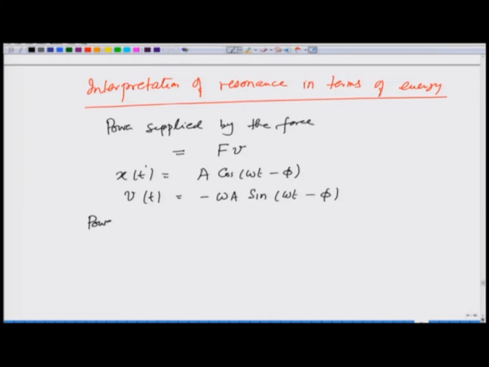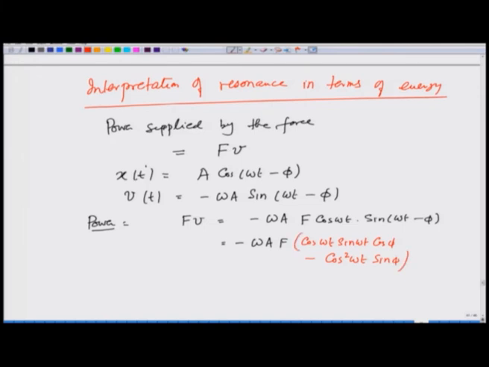So, the power is going to be equal to F V, which is equal to minus omega A times F, which is f cosine of omega t, times sine of (omega t minus phi), which I can write as minus omega A f times [cosine of omega t sine of omega t cosine of phi minus cosine square of omega t sine of phi]. That is the power.